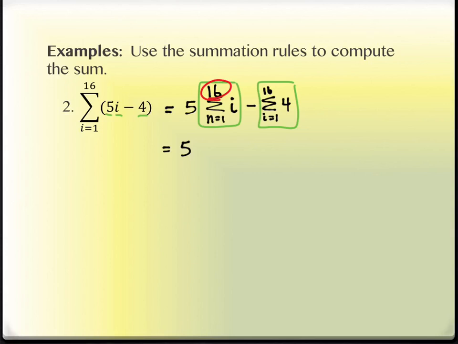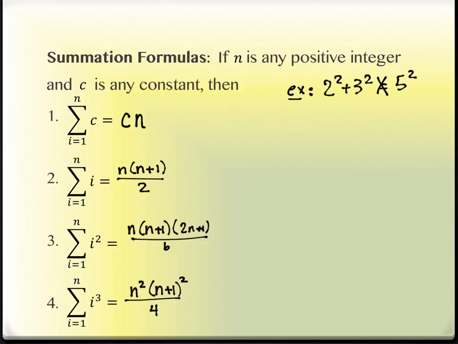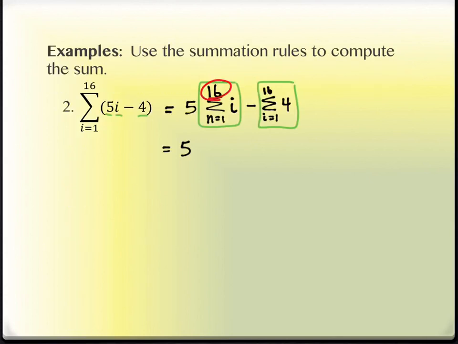So 16 is operating like that upper number that they've called n on the previous page. So the n on the previous page is my 16. So I'm using this formula because it is i, but the n is going to be 16. So I'm going to have 16 times 17 divided by 2. Is that okay?